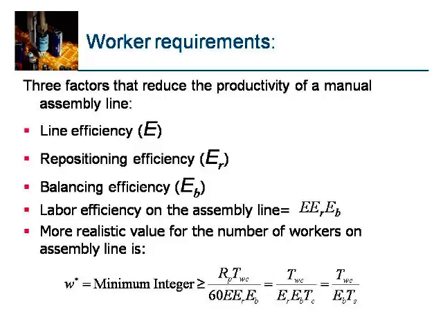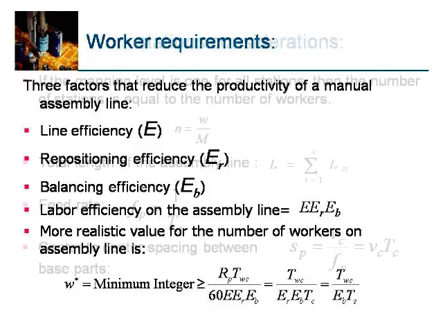A more realistic value for the number of workers on the assembly line is a minimum integer W star, which is greater than or equal to RP into TWC divided by 60 E ER EB, or TWC divided by E ER EB TC, or equal to TWC divided by EB into TS.